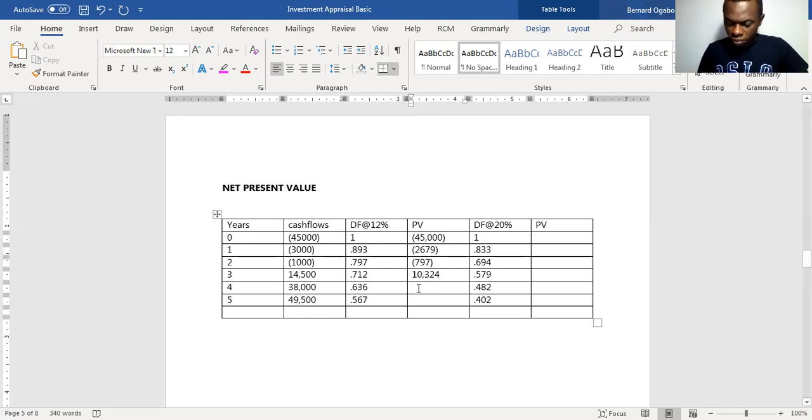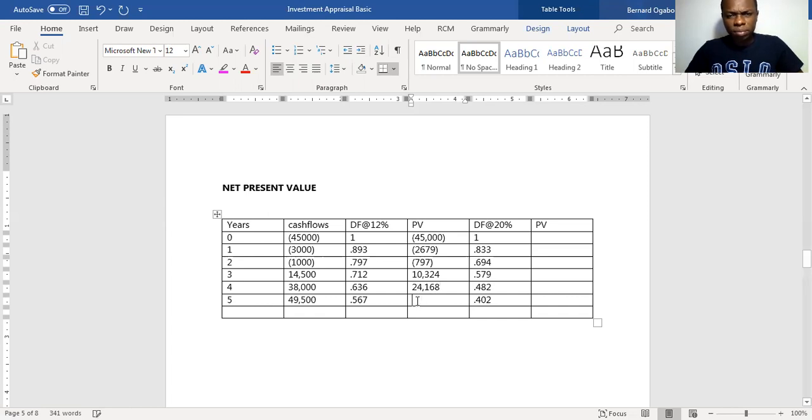I have 38,000 multiplied by 0.636. That gives me 24,168.